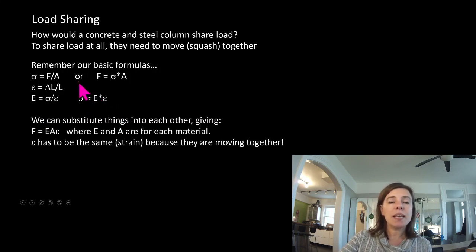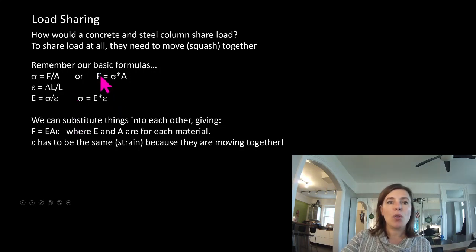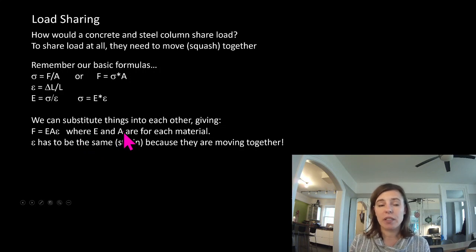So just using these equations, we can start to substitute things into each other. Force equals stress times area, or force equals E times strain times A, where E and A are for each material. So they have different moduli of elasticity and different areas.